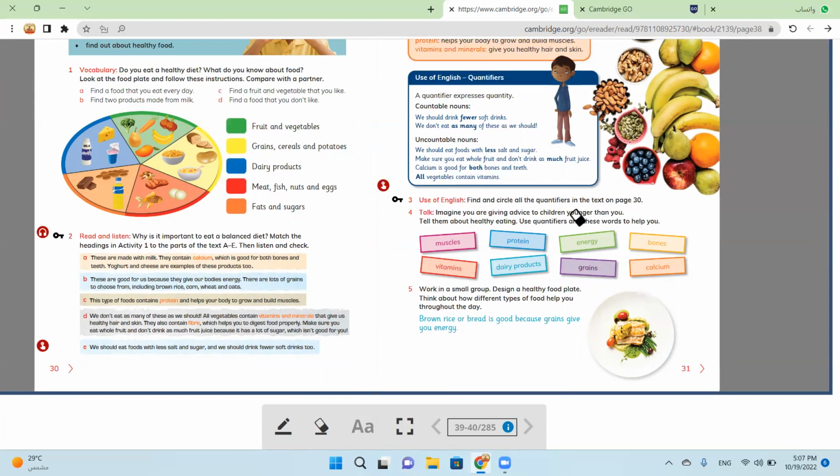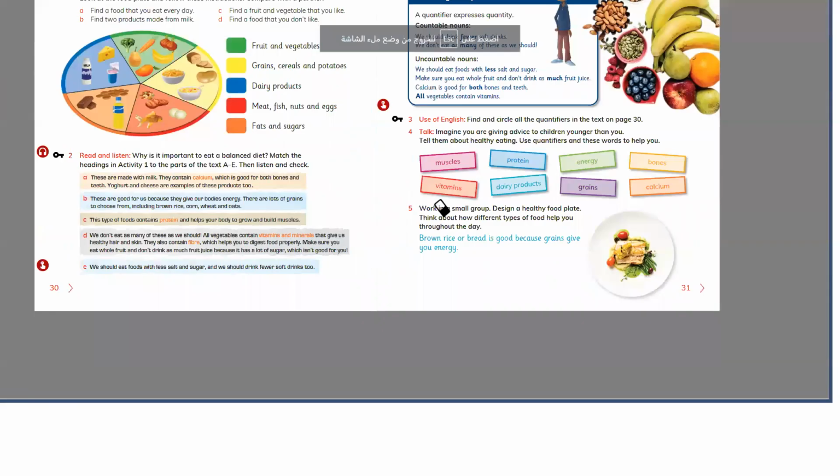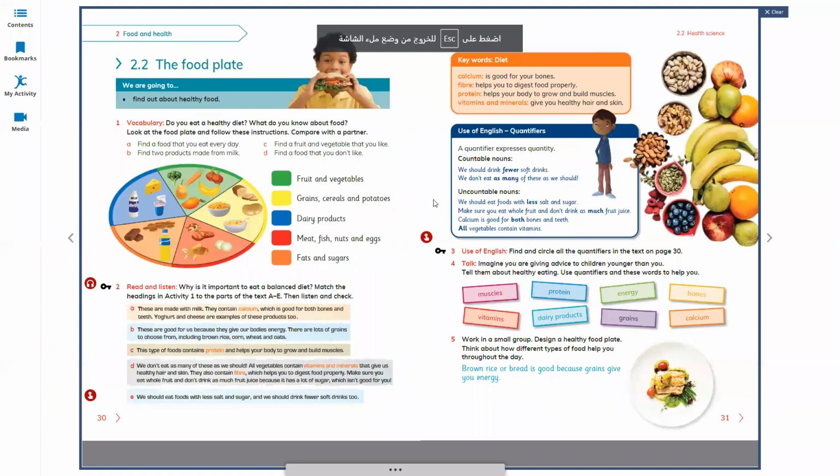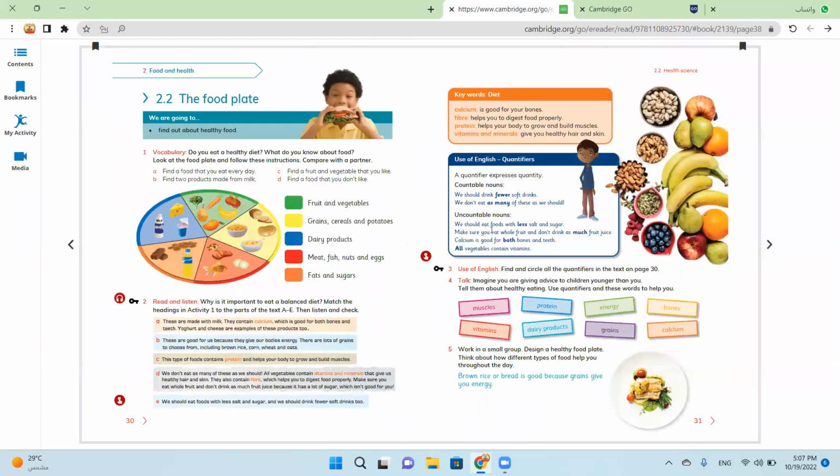Let us now move to the second activity. On the next page, keyword diet.